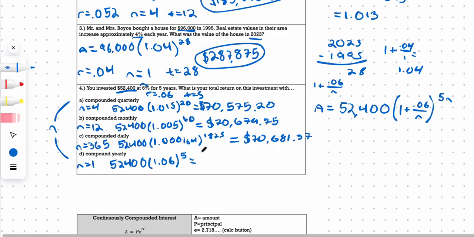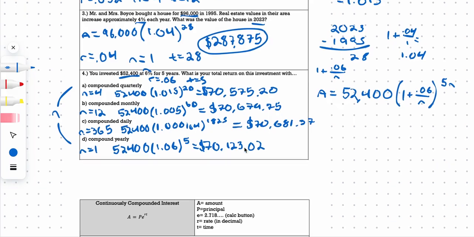That's going to be 1.06 to the 5th power times 52,400. 1.06 to the 5th power is just 1.34-ish. And then times 52,400, we end up getting something around 70,123.02. So all of these are super close, but slightly different. So we want to be as precise as possible.